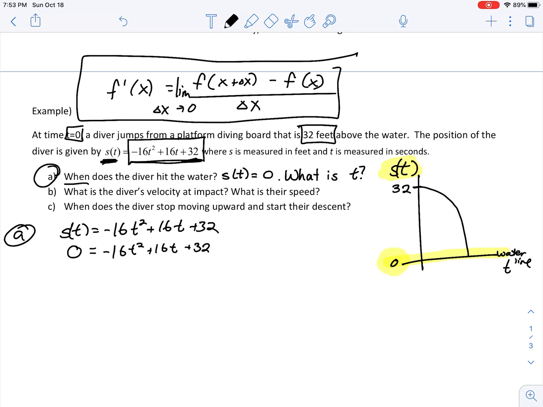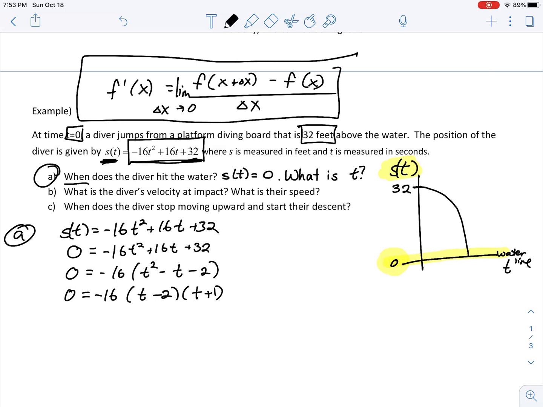This one happens to be factorable because you could factor a negative 16 out of all three of those terms. So let's go ahead and do that. Negative 16 times t squared minus t minus 2. Okay, keep factoring. 0 equals negative 16 times t minus 2 times t plus 1.